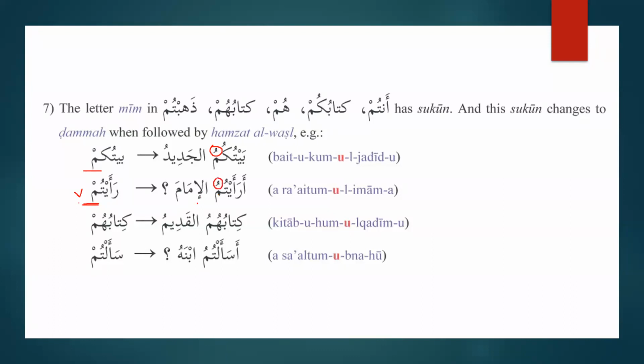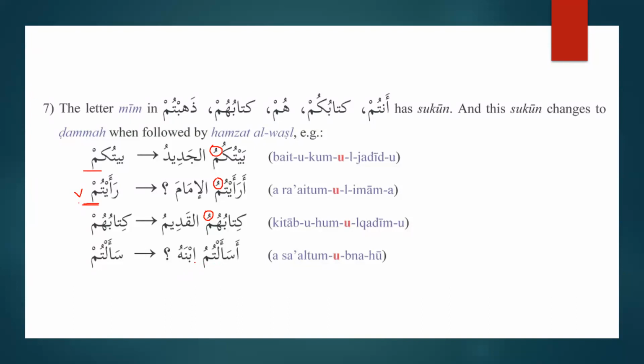Ra'aytumul imama. So whether it's a noun or a verb, when the meem is sakin and you want to connect it with al or hamzatul wasl, you have to connect it with dhamma. Kitabuhum, and when you want to say their old book, you will say kitabuhumul qadimu. And if you have ibnahu, as we know that the hamza of ibn is hamzatul wasl, so you will say as'altum ibnahu.